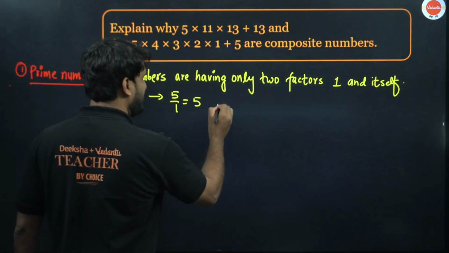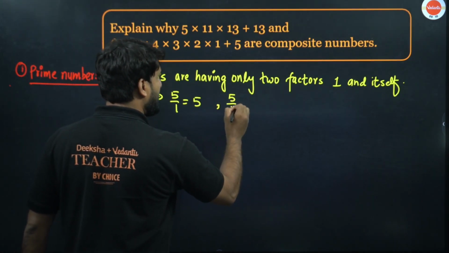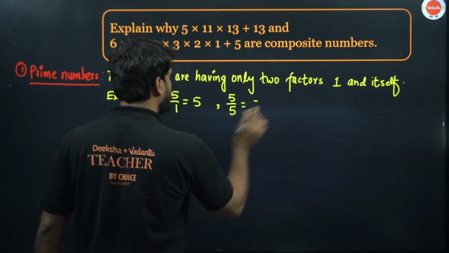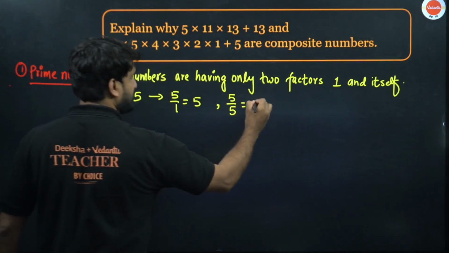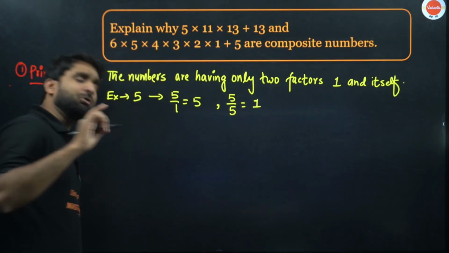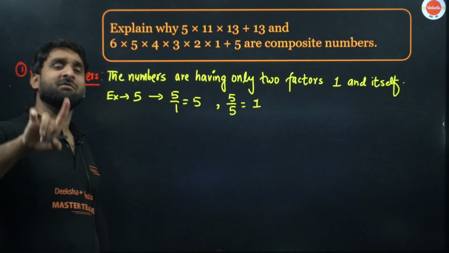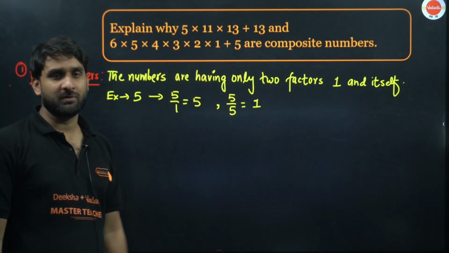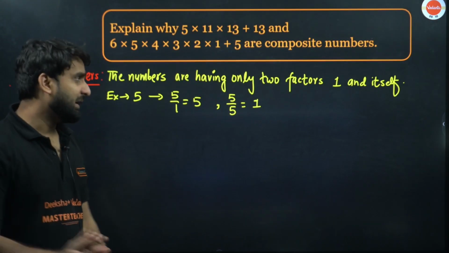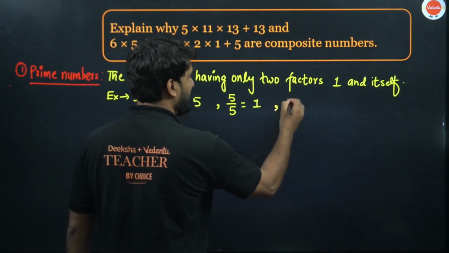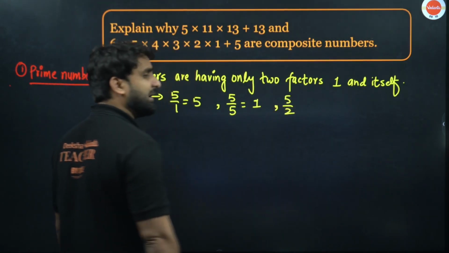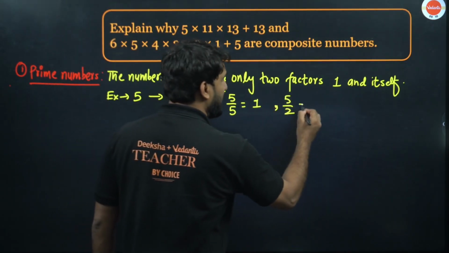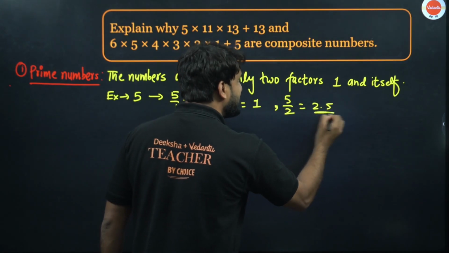And 5 can be divided by 5, so the result will be 1. So only two possibilities, and the result will be a whole number. My dear champion, if anyone of you might be thinking, sir, 5 can be divided by 2 also, the result will be decimal.